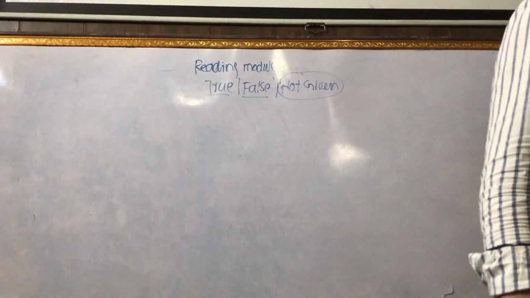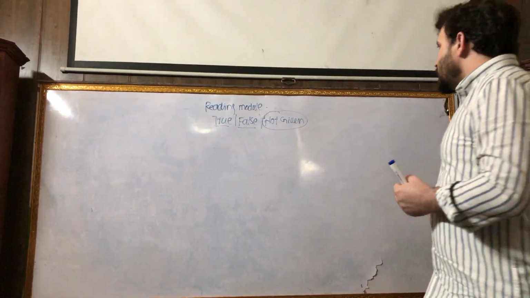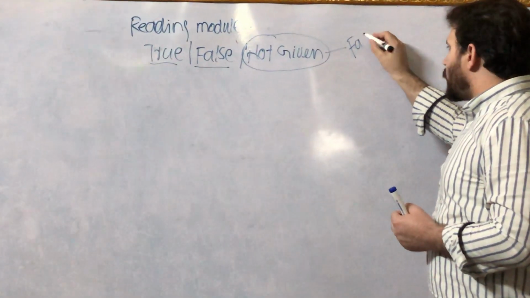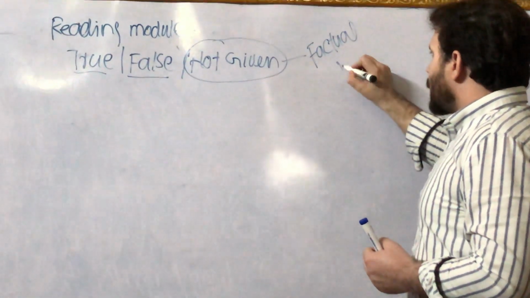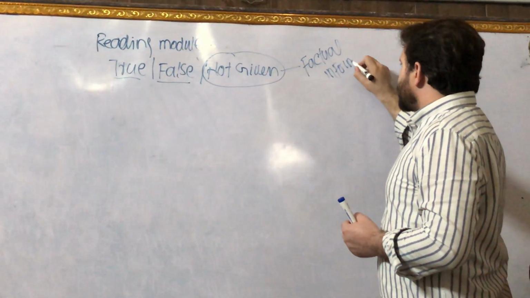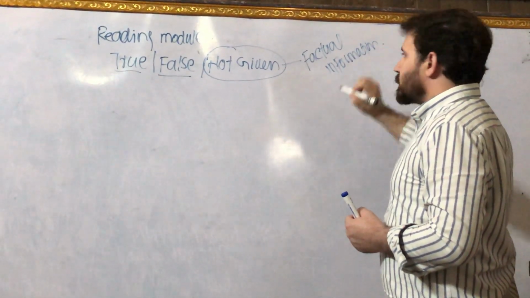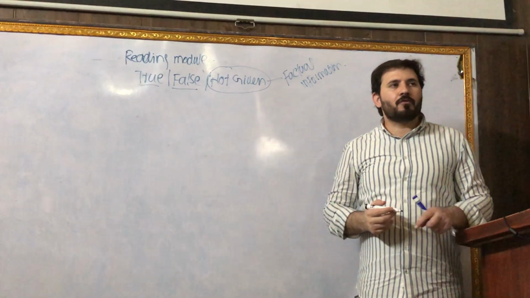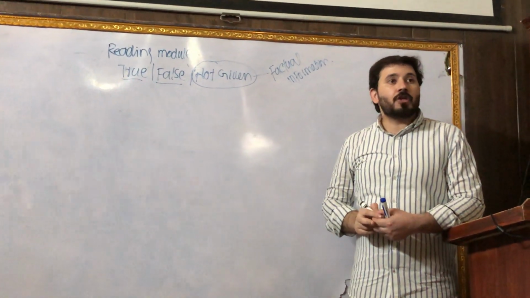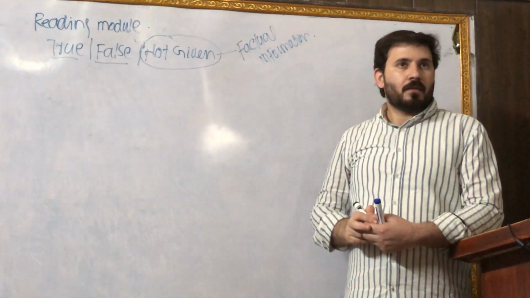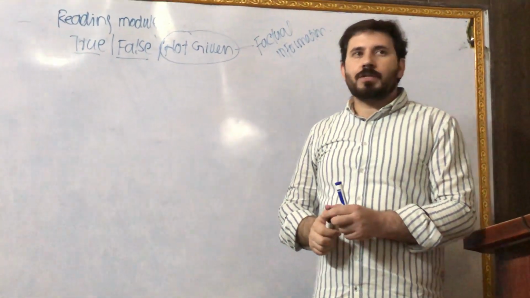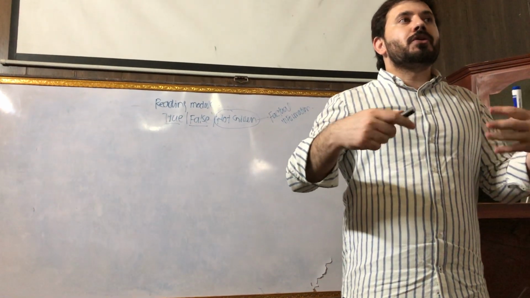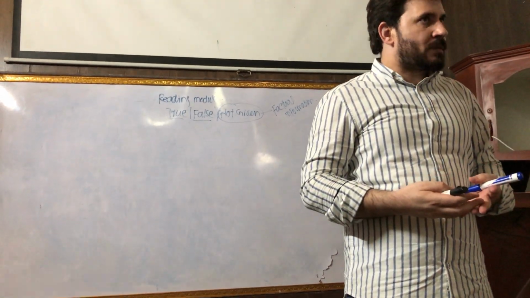Number one thing you should keep in your mind is that these types of questions deal with factual information. What type of information? Factual information. They do not deal with your opinion, that you have your own opinion about something.